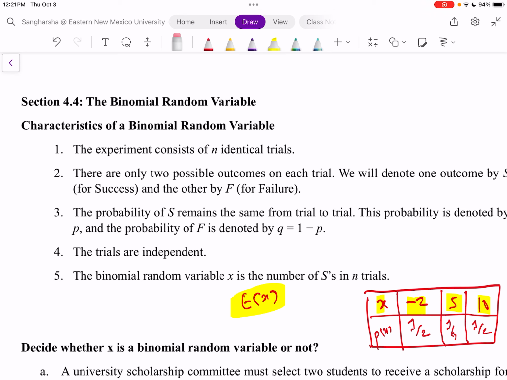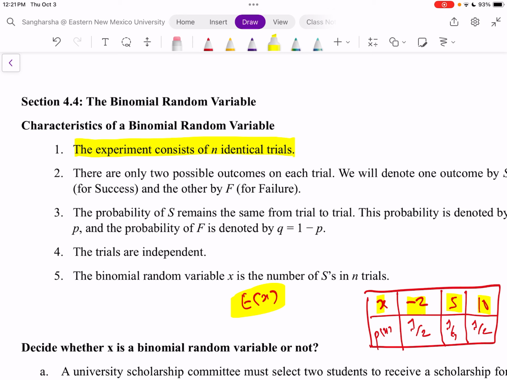The very first one is the experiment consists of n identical trials. For example, if I toss a coin 5 times, in my experiment I'm tossing a coin 5 times. So I have 5 different trials of tossing a coin.